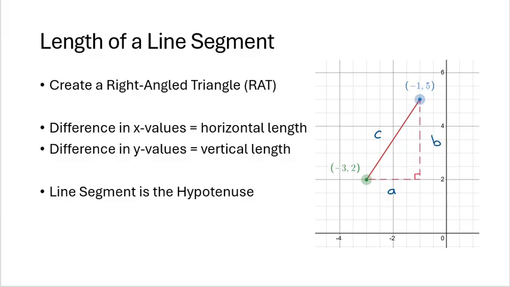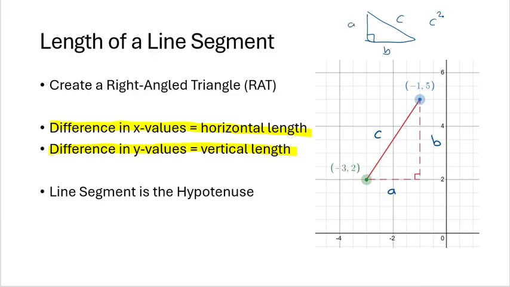Now, what you're going to do is find the difference in the x values, which will be your horizontal length, and the difference in the y values, which is going to be your vertical length. Very similar to your rise over run situation. If you remember from Pythagoras, it states that if you have a right angle triangle, you can label it as such.